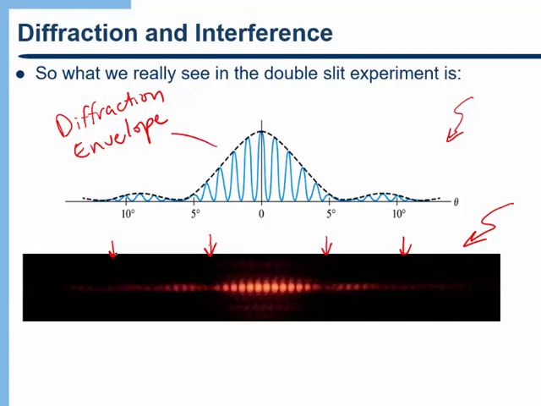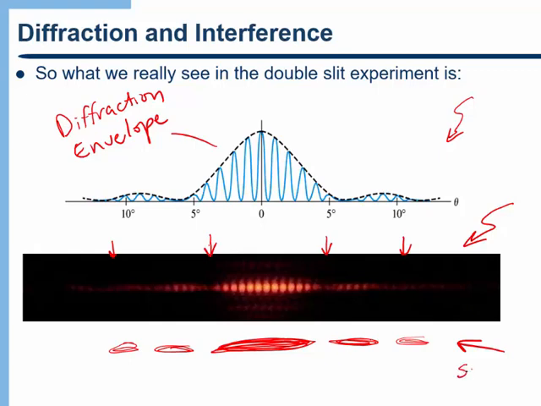So if I just took the same laser and I put it through a single slit, what I would get is that bright central spot, then another dimmer spot here, another dimmer spot here. And so you'll notice that when I have two slits, instead of getting that, I now see the interference pattern inside the diffraction pattern.